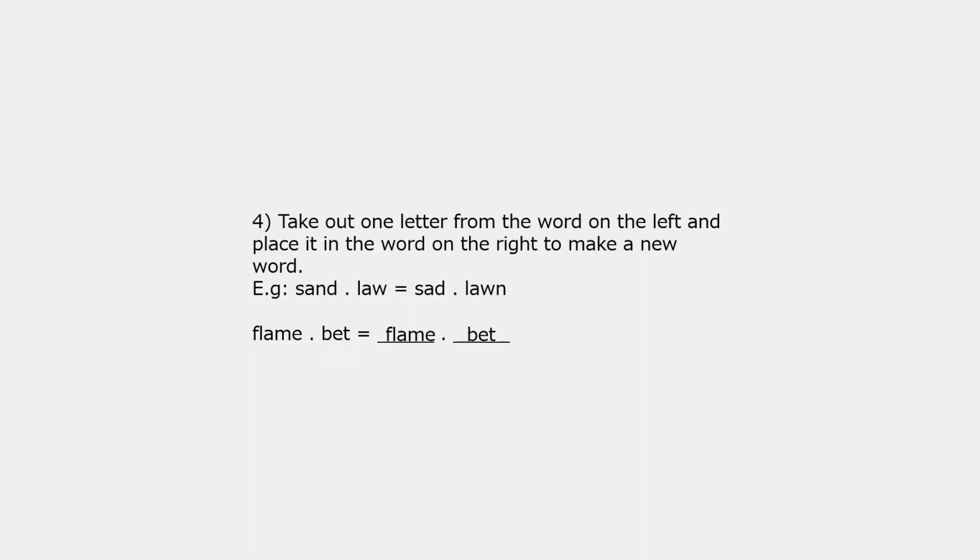So, we do that. We've moved the L from flame to make fame, and then we've put the L into bet, which makes it belt. Hopefully you guys have got that.